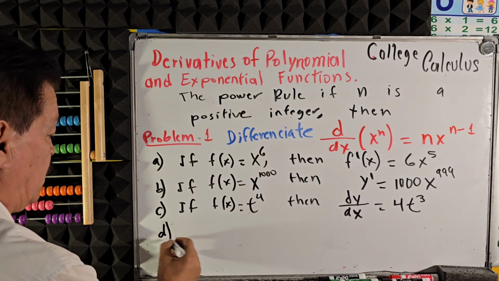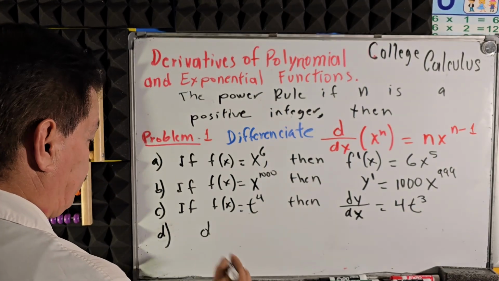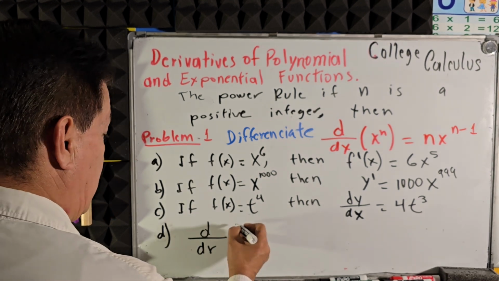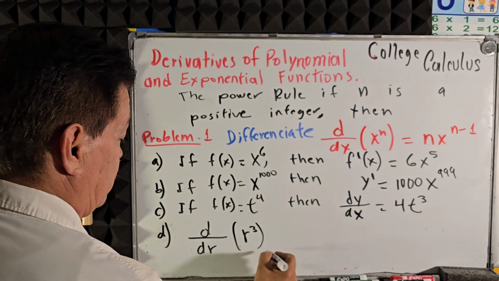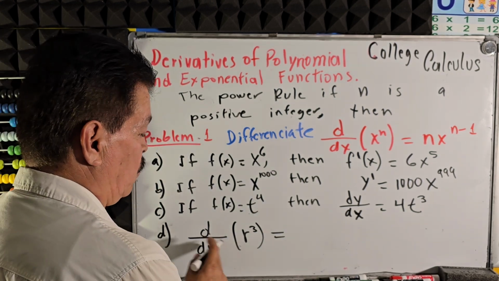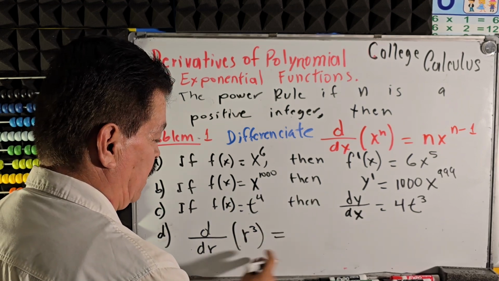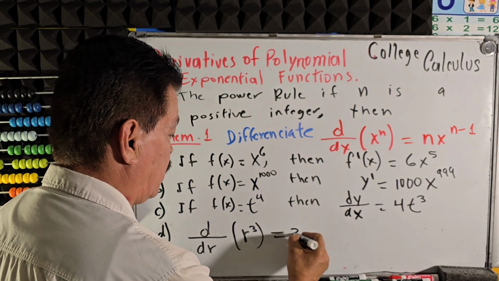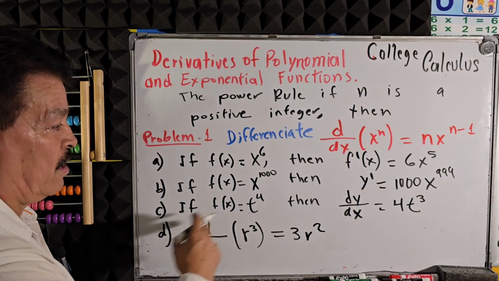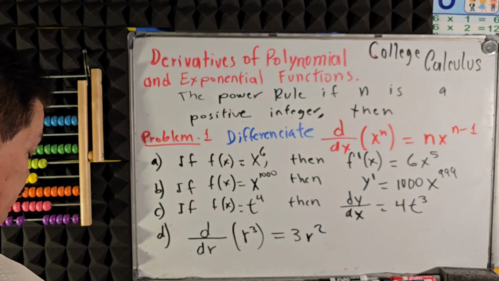Just write d divided by dr of r to the 3rd power. So immediately here you get the answer. You don't need to write all this process. Here d divided by dr will be 3r squared. See, this is another way to write the problem.